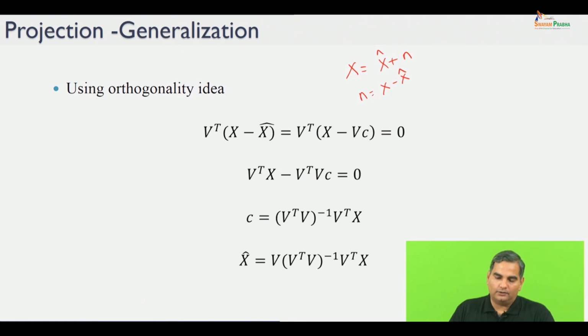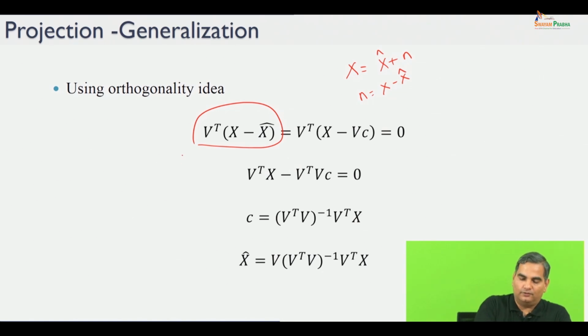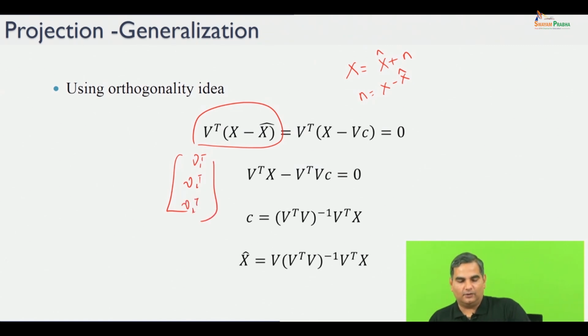For n to be orthogonal to a geometric object spanned by these k linearly independent vectors, n has to be orthogonal to every one of these vectors. So that is what we write here in a matrix form. Instead of writing nu 1 transpose (x minus x hat) is 0, nu 2 transpose (x minus x hat) is 0, and so on, we write this in a matrix form where we say V transpose, where I will have nu 1 transpose, nu 2 transpose, all the way up to nu k transpose, times (x minus x hat) equals 0.